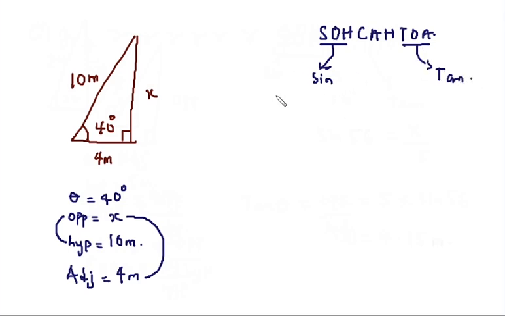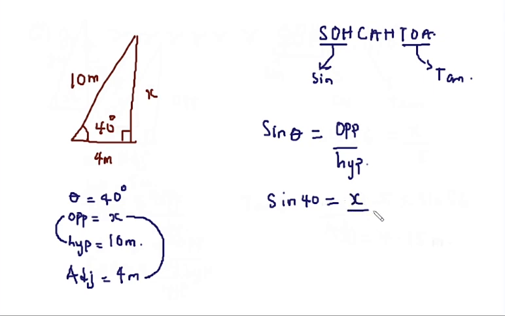If I decide to use sine, I'll be saying sine theta is equal to opposite over hypotenuse. Theta is 40 degrees, so sine 40 degrees is equal to, what's the opposite? X, right? So this is x divided by the hypotenuse, 10.